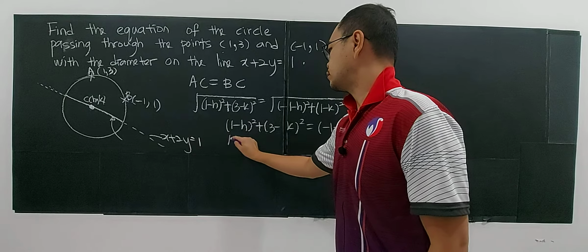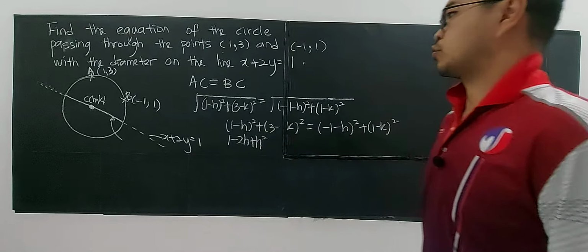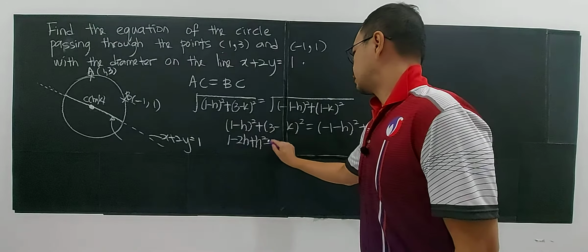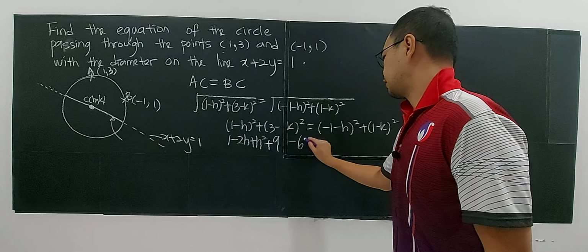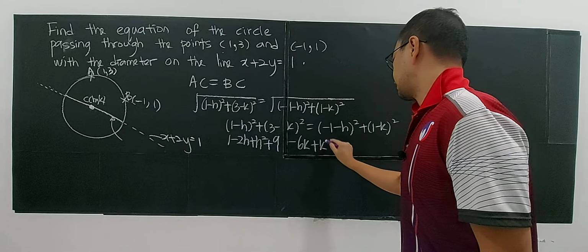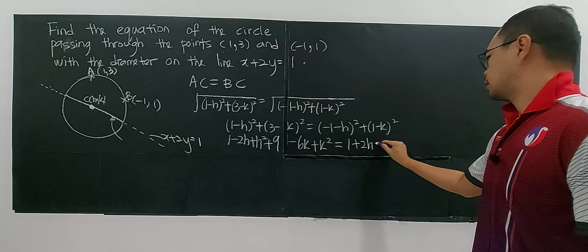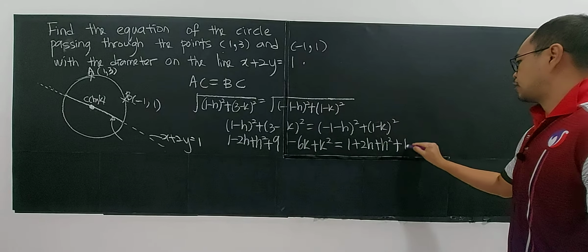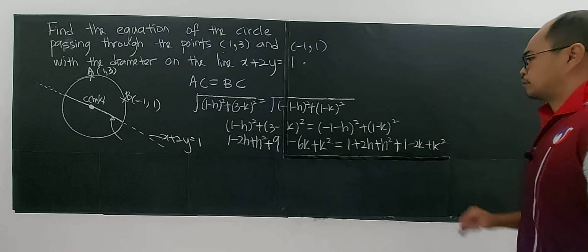So 1 minus 2h plus h squared, and 9 minus 6k plus k squared, is the same as 1 plus 2h plus h squared, and after you expand, 1 minus 2k plus k squared.